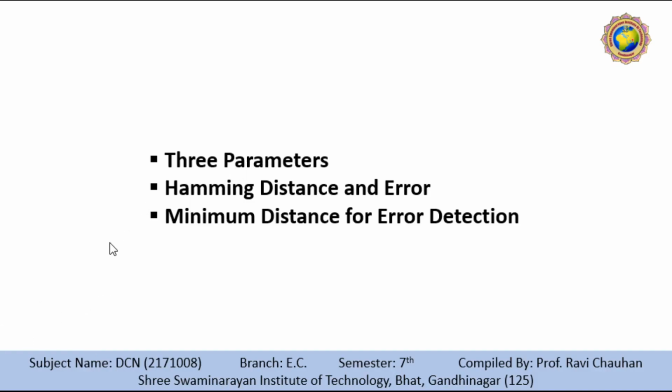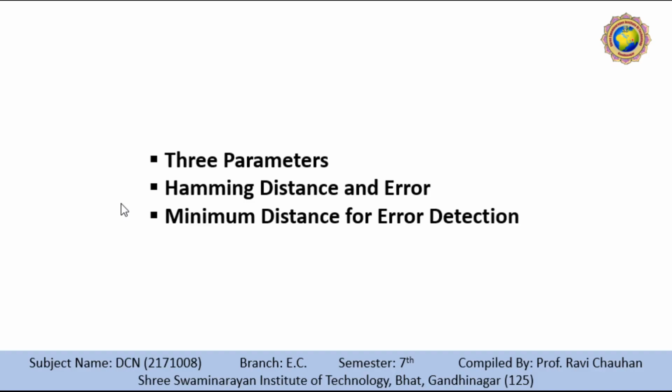Before we continue our discussion, we need to mention that any coding scheme needs to have at least 3 parameters. First is the code word size n. Second is the data word size k. And third is the minimum Hamming distance d minimum. A coding scheme C is written as C(n, k) with a separate expression for d minimum.